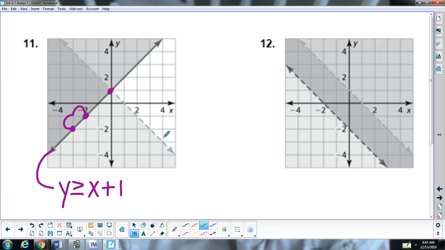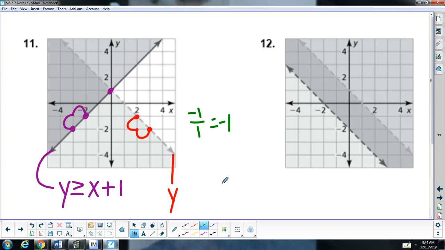Then this dashed line, where again, we start off with y. Now let's find our slope, so pick any 2 points, it doesn't matter which 2. This time we're going down 1 and to the right 1. So that would be down 1, which is negative 1, to the right 1, which is 1. Negative 1 over 1 is just a negative 1.